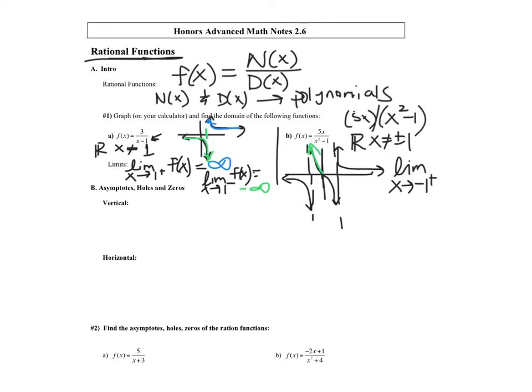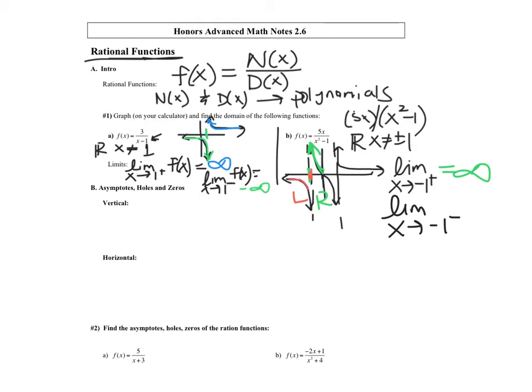I'm going towards negative 1 on the right side. So here's the right, and here's the left. I'm on the right side, and I'm going up towards infinity. And then if you do it again for the other side, you look at the limit as x goes to -1 minus, that would be on the left side of -1.